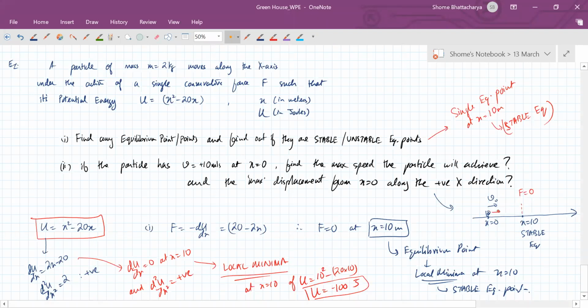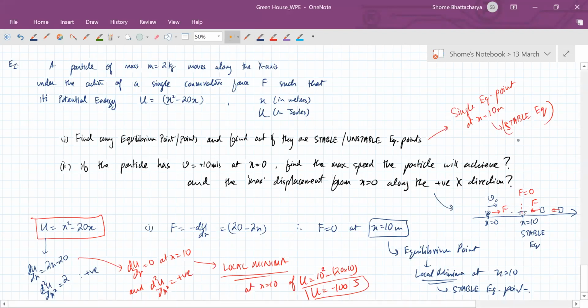But on this side, the force should be positive. And when the particle crosses this and reaches somewhere here, the force should become negative. So that means from x equal to 0, the particle should accelerate up to x equal to 10. But after it crosses x equal to 10, the particle should decelerate.